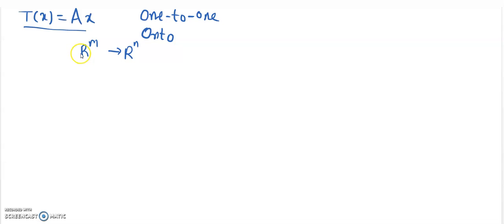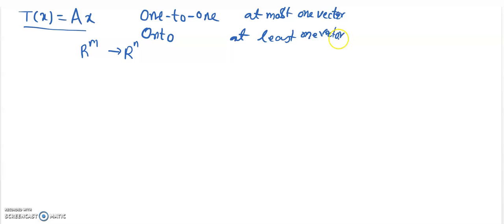This is the definition of a 1-to-1 transformation. Onto means that for every vector in Rn there will be at least one vector in Rm. So 1-to-1 means at most one vector, whereas onto means at least one vector.